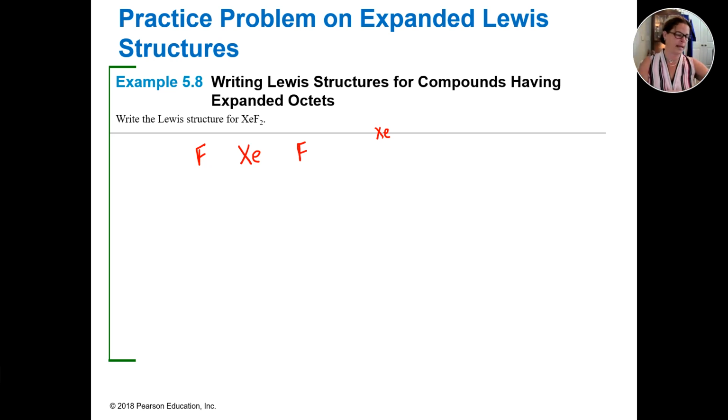So row 18 has 8 valence electrons, and there is one of them. Fluorine is in group 17, so it's got 7 valence electrons, and there are 2 of them. So that leaves us with 22 total valence electrons available to us. Divide it in 2, we get 11 pair.